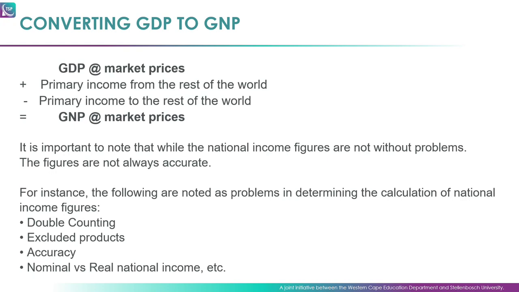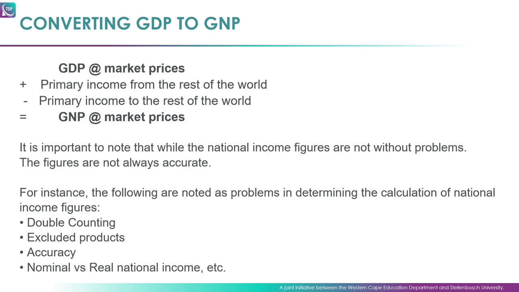Now, what do we mean by primary income from the rest of the world? If I am a teacher teaching in England or America or Dubai or wherever, then that is my first source of income, so that's my primary income. So then we have to add all those South Africans working overseas and earning their income from a country other than South Africa.